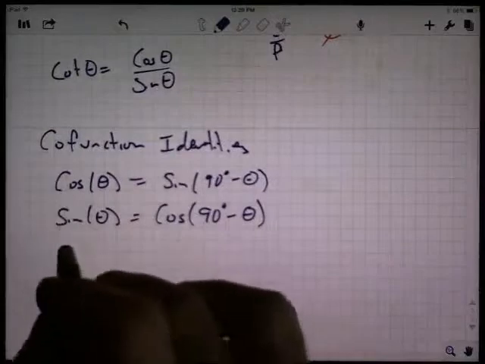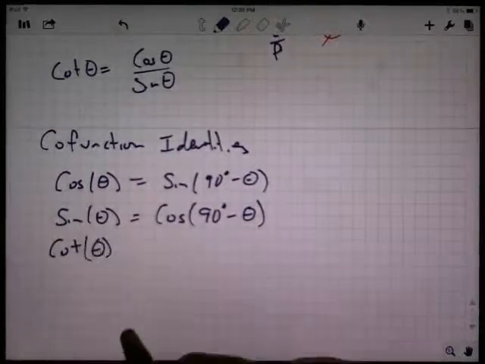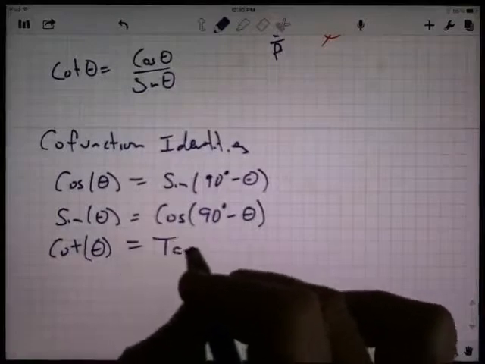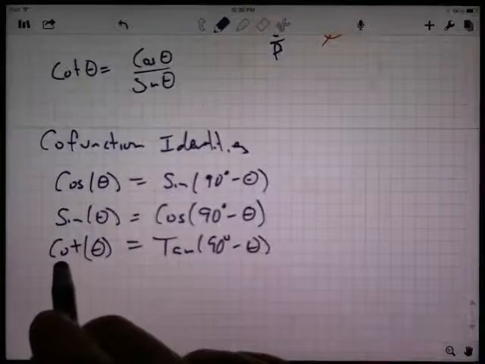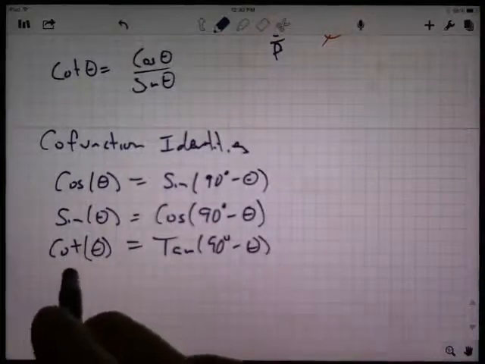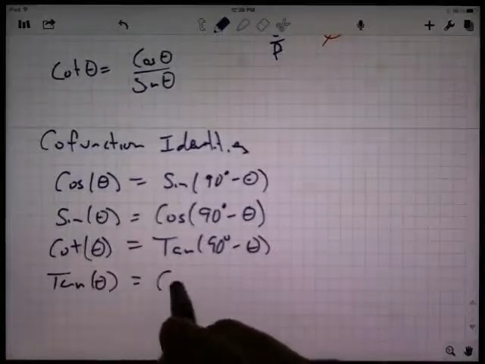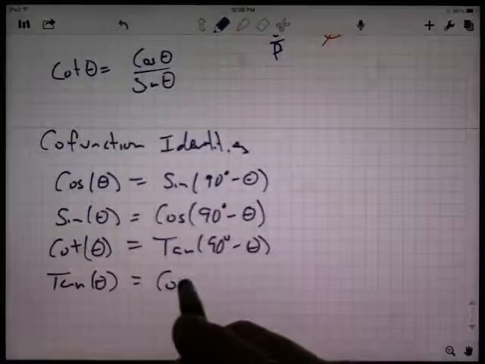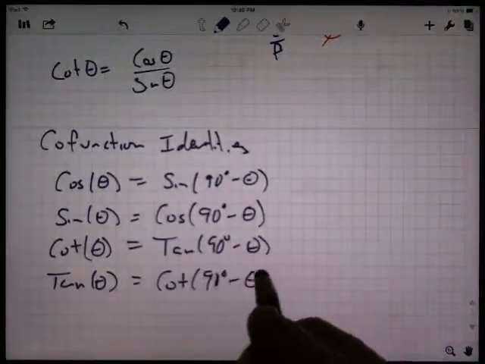Likewise, the cotangent of an angle is the tangent of the complementary angle. The complementary tangent of an angle is the tangent of the complementary angle. It also works like this: the tangent of the angle is the cotangent of the complementary angle, the cotangent of the other angle in the triangle, right?